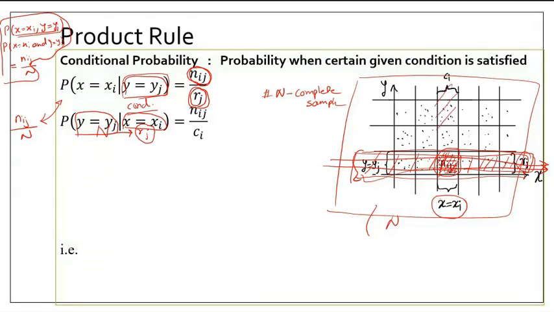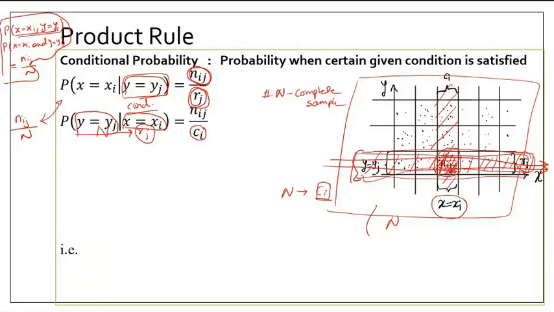So my domain has been squeezed from n samples to ci samples. What is ci? Ci is the number of samples in that particular column where x is equal to xi. Again, when I say conditional probability, my domain has been squeezed to ci.